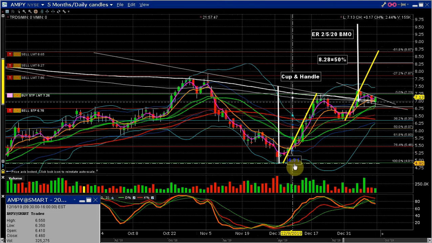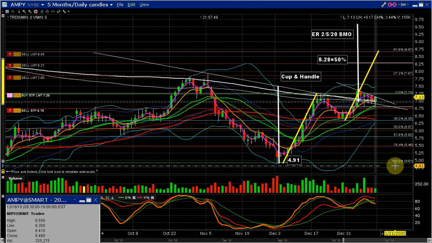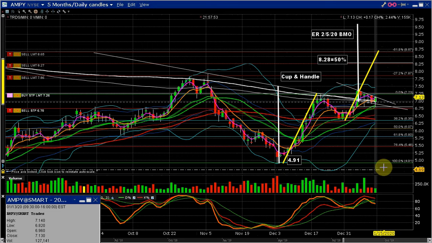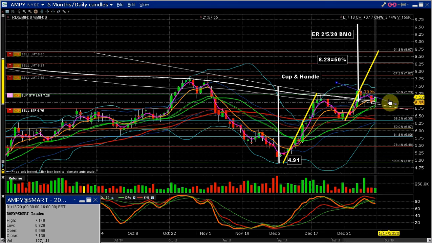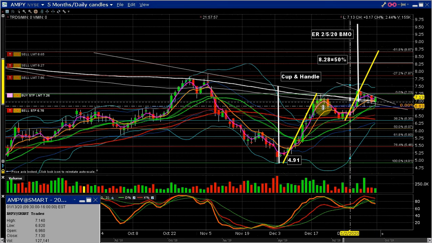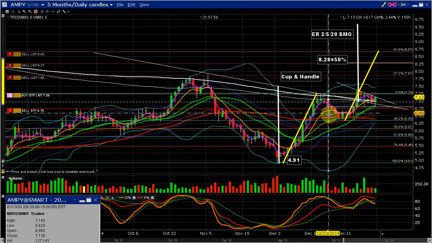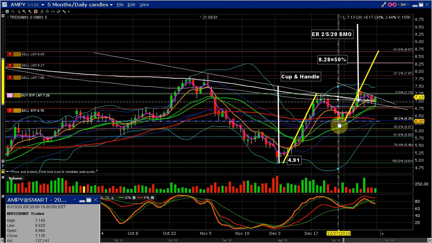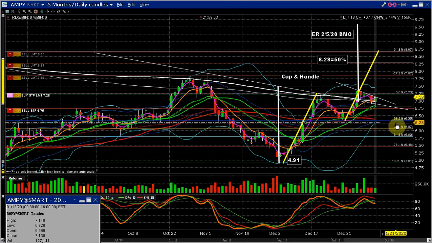So the bottom's $4.91, and that's the bottom of my Fibonacci range. So it goes from 0% down to 100%. That's my range. Okay, and we can look at this retracement, and we can see it just about touches the 38.2% Fibonacci retracement level.